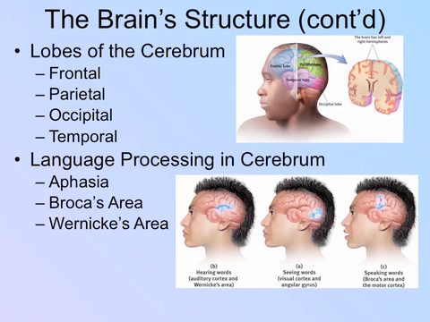And so Broca's area controls language expression. It directs muscle movement involved in speech. And so you can see that, like, speaking the words, motor cortex, which means that Broca's area is an association area in the frontal lobe near the motor cortex. Wernicke's is the association area that controls our reception, comprehension of language.